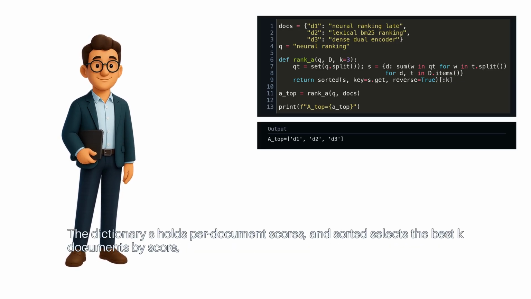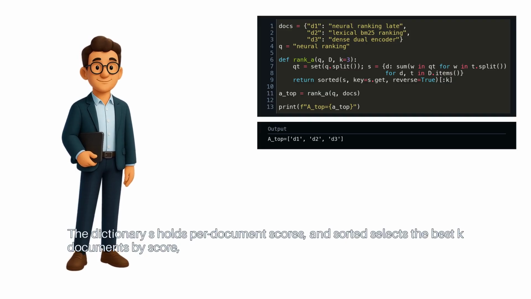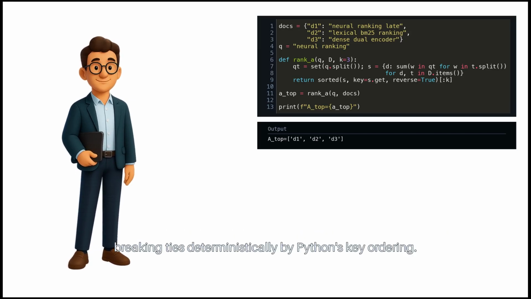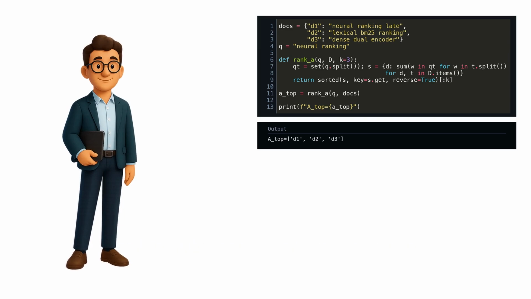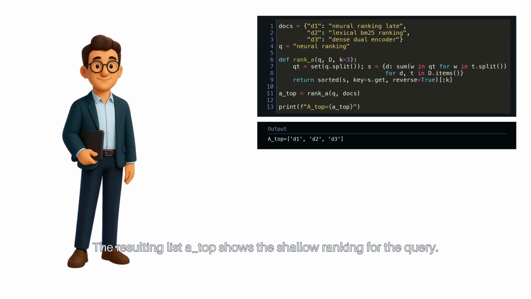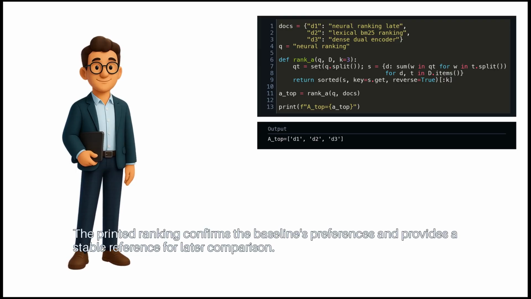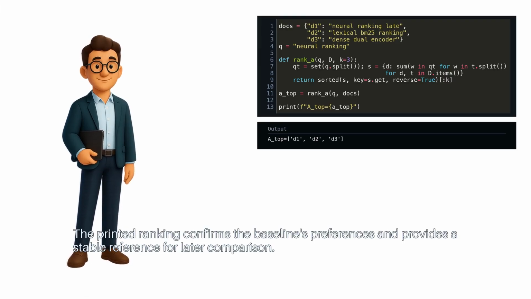The dictionary S holds per document scores, and sorted selects the best K documents by score, breaking ties deterministically by Python's key ordering. The resulting list A top shows the shallow ranking for the query. The printed ranking confirms the baseline's preferences and provides a stable reference for later comparison.